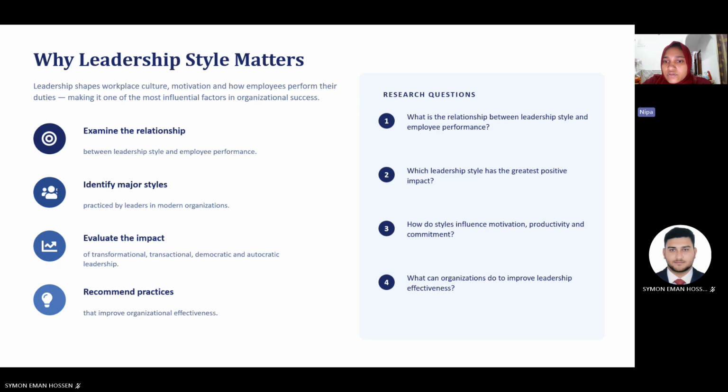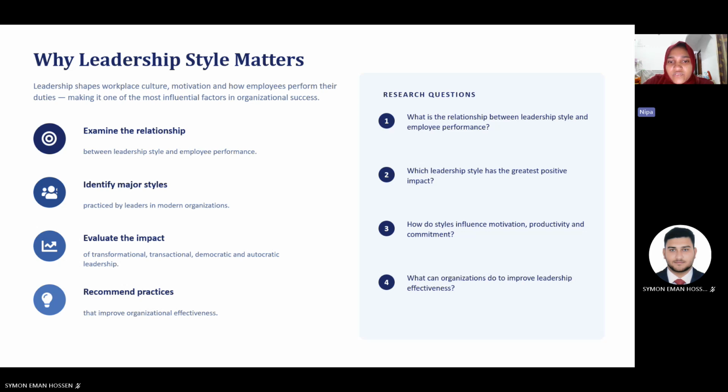Third, to evaluate how transformational, transactional, democratic, and autocratic leadership affect performance. And fourth, to recommend practices organizations can adopt. On the right are the research questions that guide the study.